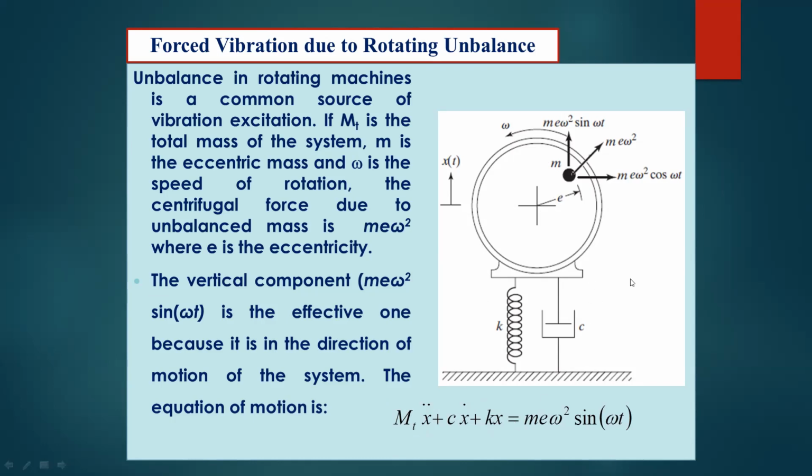That means this structure vibrates in this direction. Look, it vibrates about this position, up and down, so you can cut this section and put an appropriate free body diagram.